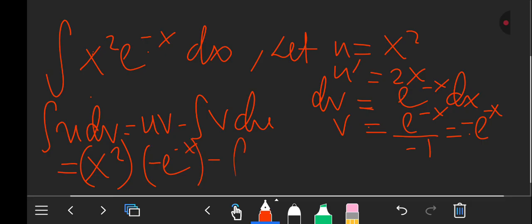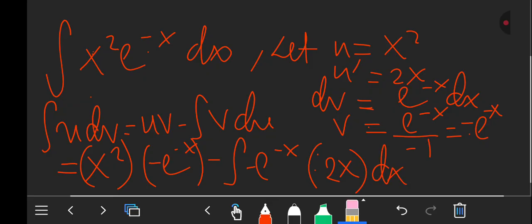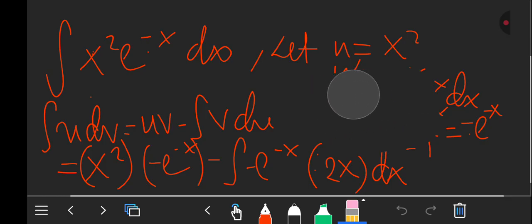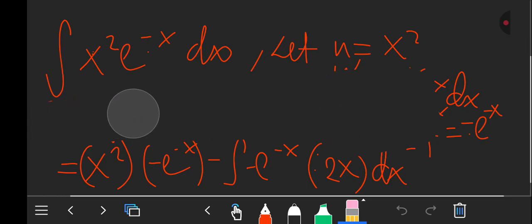Then minus the integral of my v again, negative e to the power negative x, then my du is simply 2x. We are integrating this again with respect to x, so I can get rid of this.